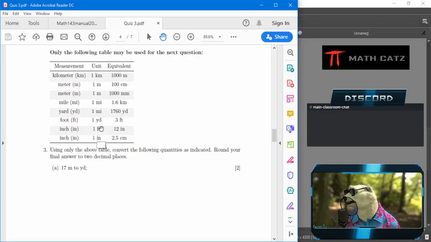Meters, one option is to go low or to go high, right? Low would be meters to centimeters, centimeters to inches, inches to feet. It's not terrible. We could do that. Or we could go high: meters to kilometers, kilometers to miles, miles to yards, yards to feet.